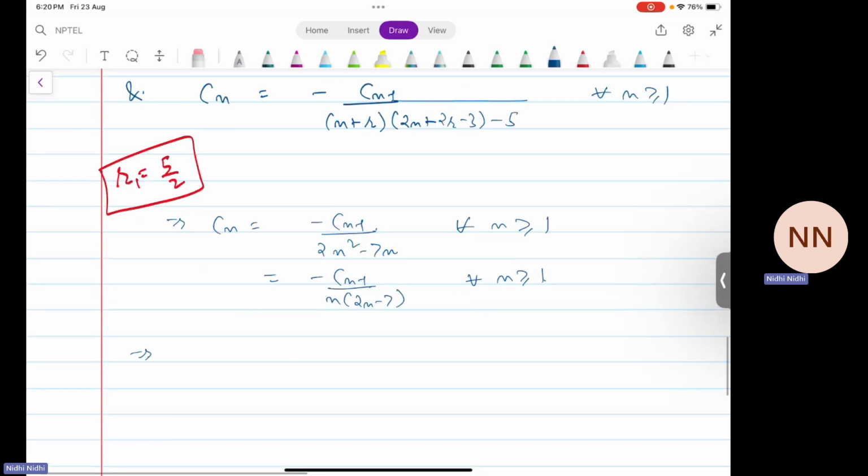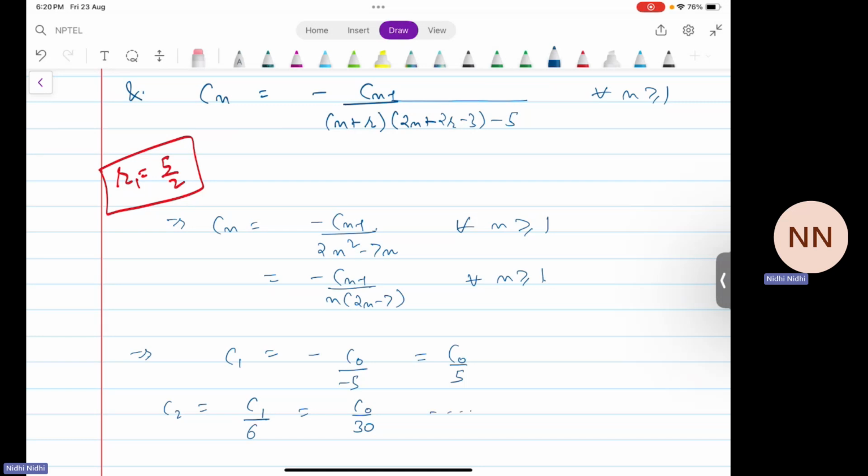This gives us C1 is equal to minus C naught by minus 5, which is C naught by 5. C2 is equal to C1 by 6, which gives us C naught by 30, and so on.